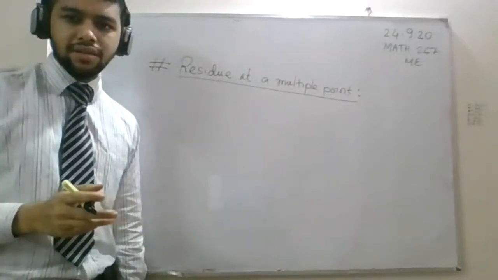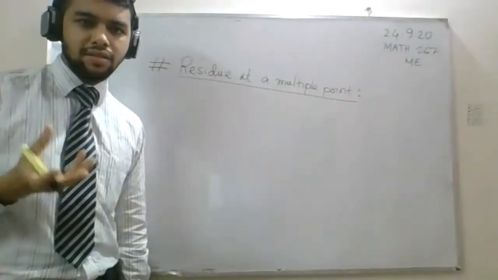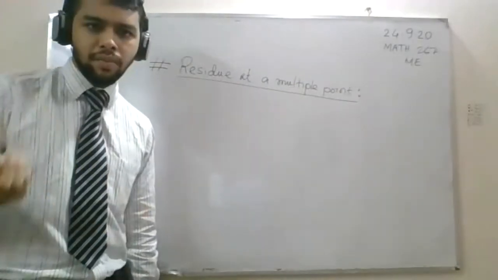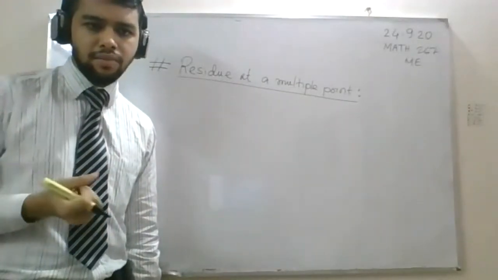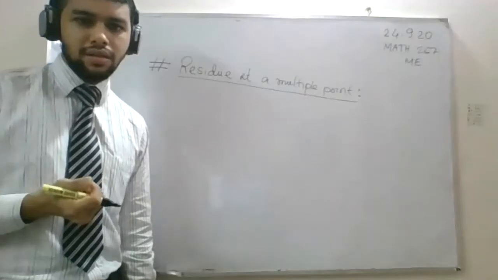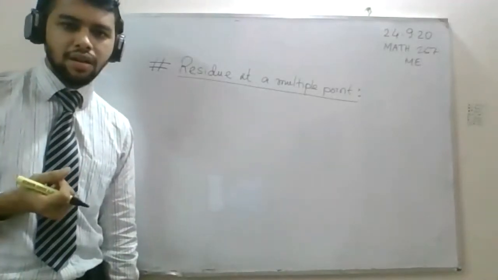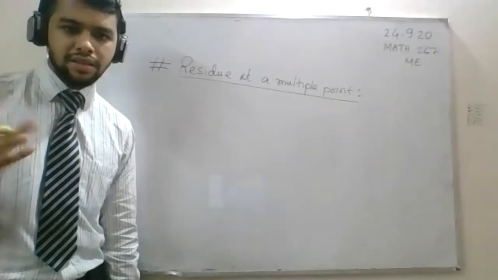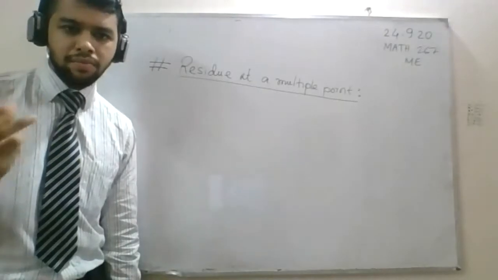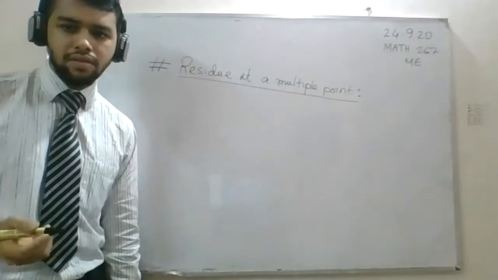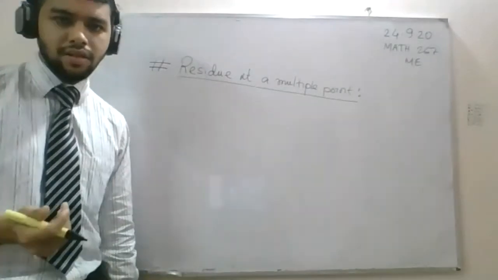So at first, please tell me what is the residue of a simple pole, or single pole. What is the formula for finding the residue of a simple pole of a complex function? Do you remember?